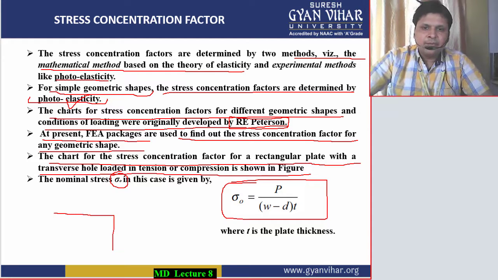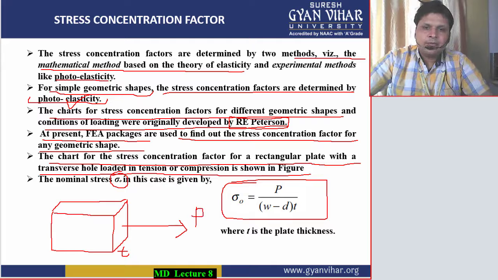Suppose you have a plate whose thickness is T, and the load acting on it is P. Its width is W, and you have a hole in it whose diameter is given as small d.